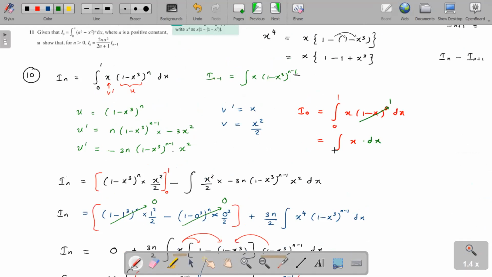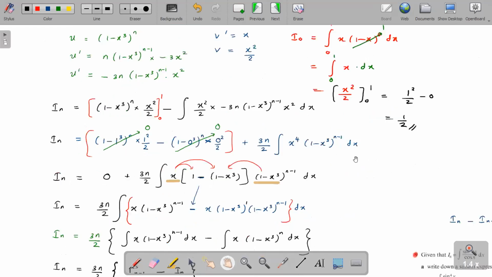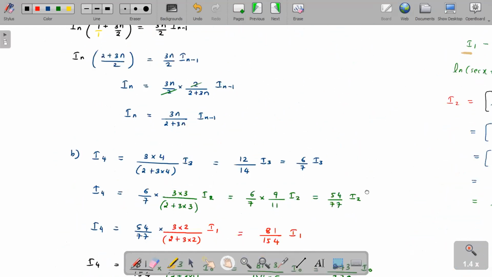So you just get the integration of x. When you integrate x, what do we get? x squared over 2, with limits from 0 to 1. So we get here 1 squared over 2 minus 0. So the answer is half. So I0 is half.